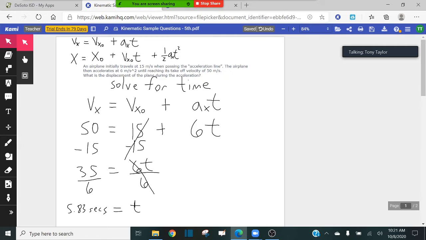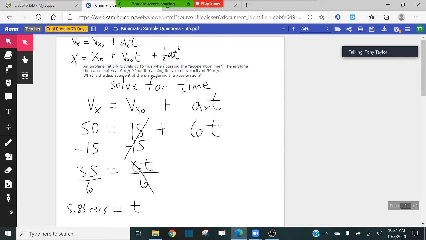All I did was use this equation to solve for the airplane's time interval that it accelerated over this period. Now that I've solved for time, the airplane accelerated over 5.83 seconds before it took off.